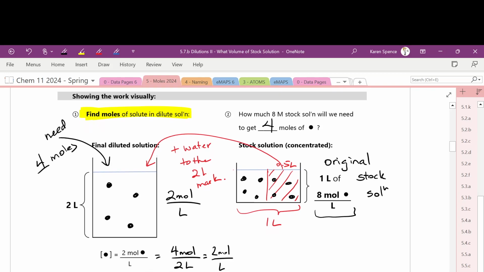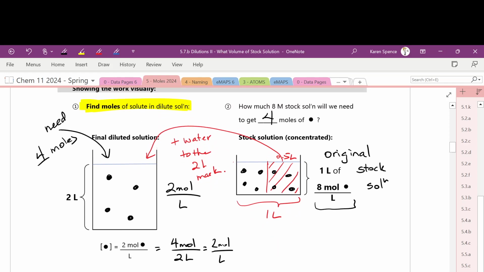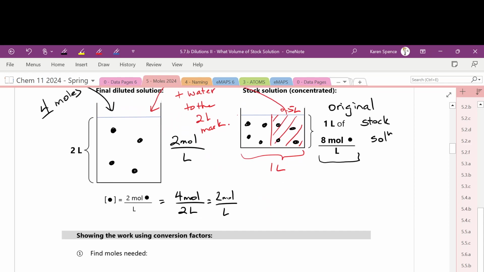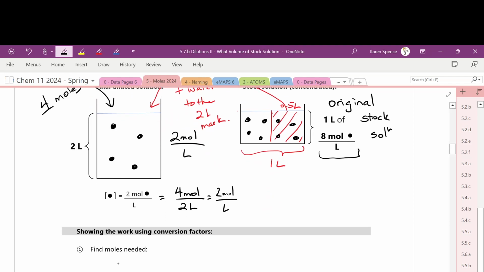Now, if we wanted to show this using conversion factors, we're going to find the moles of solute needed. Well, we know we want 2 liters of 2 mole per liter.